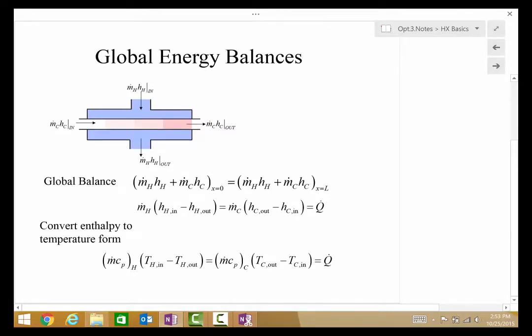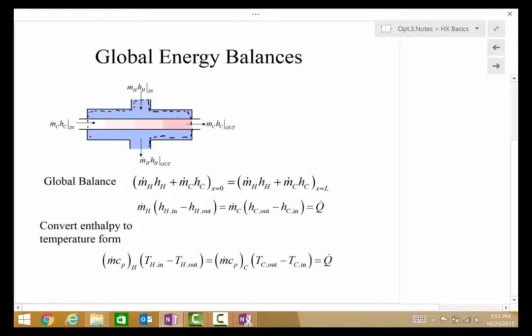So when we look at heat exchanger systems, one of the things that we want to do is understand the energy balances in these systems. And in terms of these energy balances, there are two types of energy balances that are meaningful. One of them is a global balance, in which case we look at the overall control volume that encompasses the entire heat exchanger system.